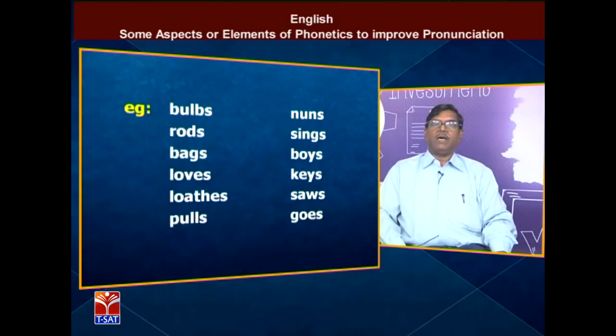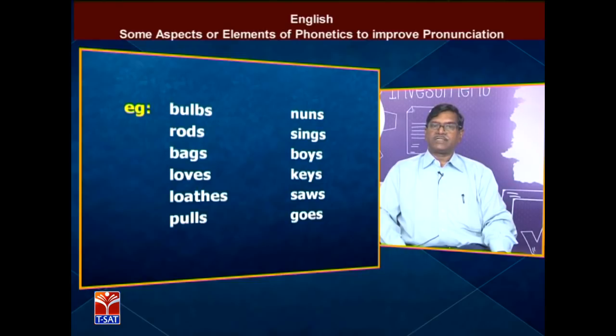For instance, bulb, bulbs, not "bulbs" with an s sound. Rod, it is ending with d. It is a voiced consonant sound other than z, zh, j. Rod, rods. Bag, it is ending with the sound g.